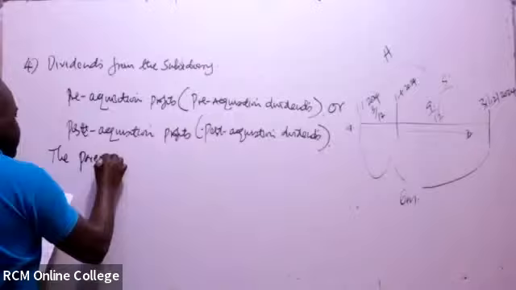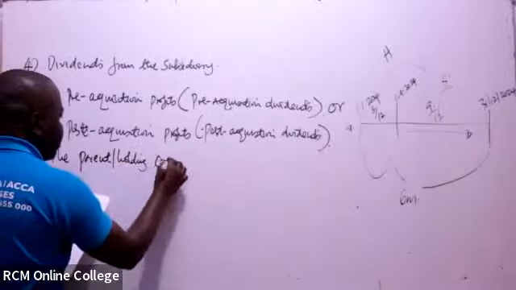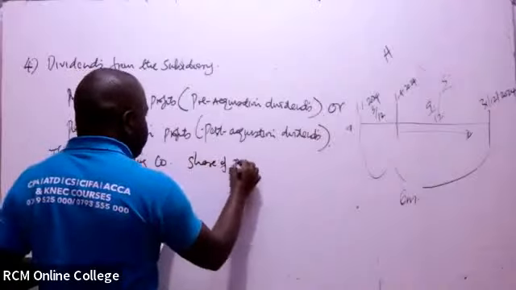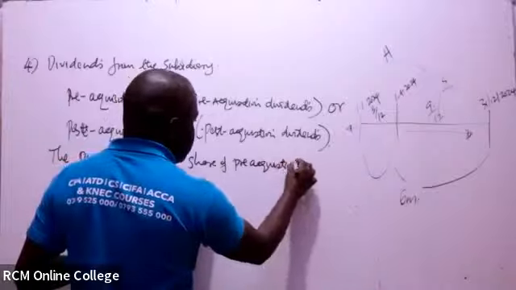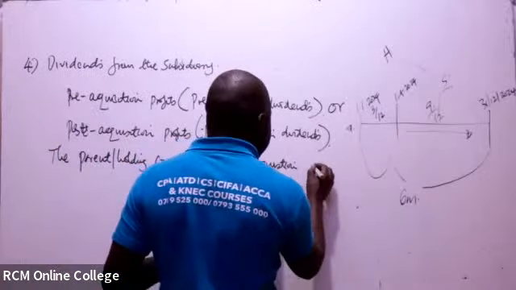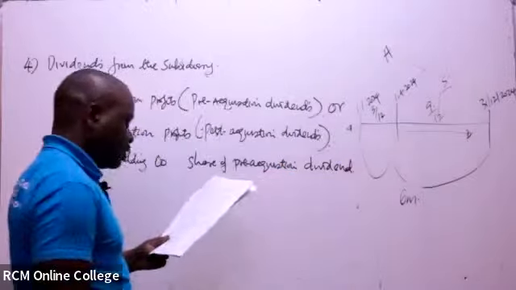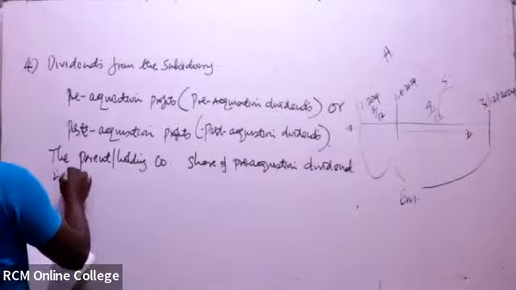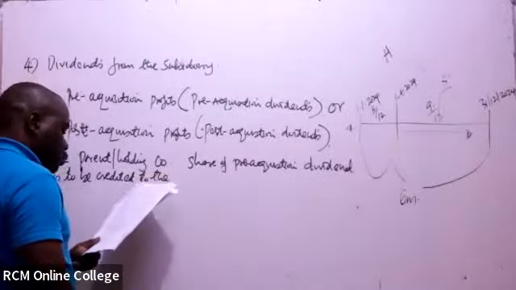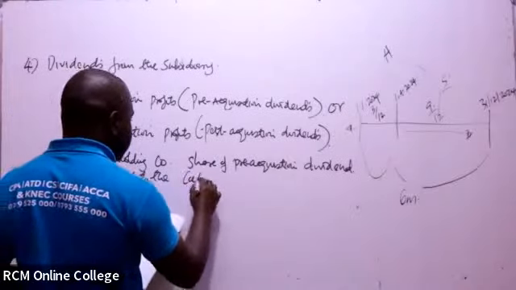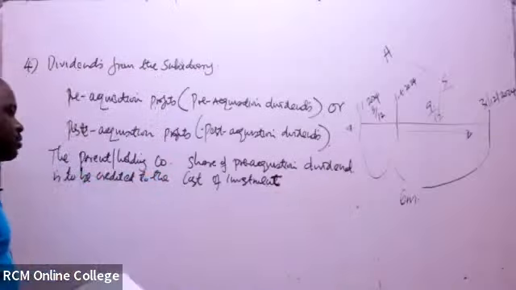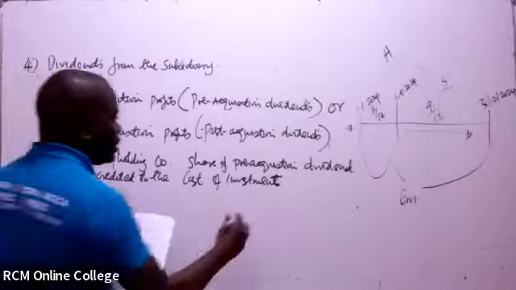The parent or holding company share of pre-acquisition dividends, the portion of dividends settled before they were acquired, is to be credited to the cost of investment.